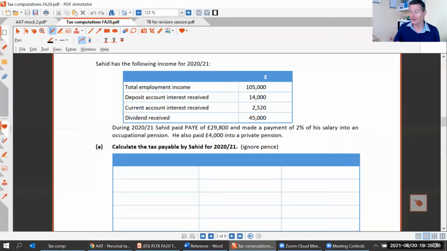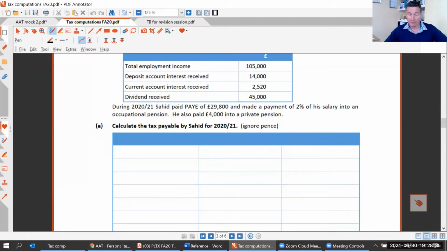So some of you might have seen this, but you've not seen a video debrief of it. However, to mix it up a bit, I've changed it from the lovely 5-column tax comp to a 3-column tax comp because you're going to have to do it, really. I have beefed it up a bit and given myself a few rows, because you do need them if you haven't got as many columns.